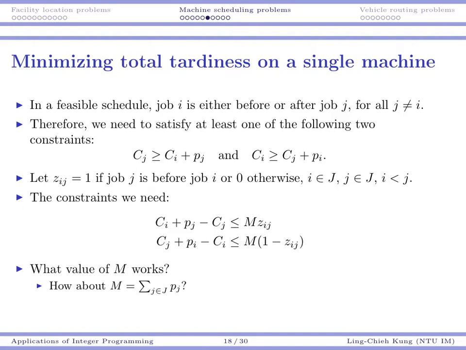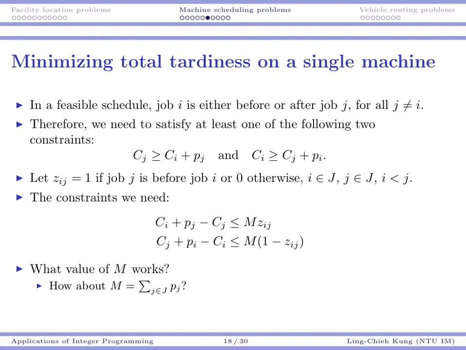The remaining thing is that you need to decide what's an appropriate value of M. If you observe the left hand side, M must be an upper bound of your left hand side. It seems that Ci minus Cj or Cj minus Ci is the difference between completion times.